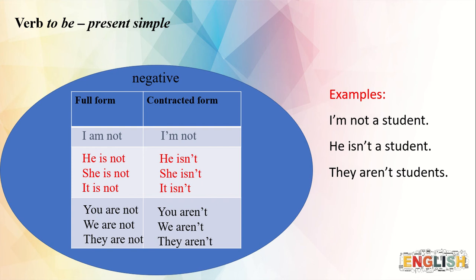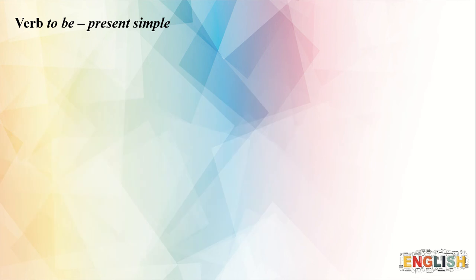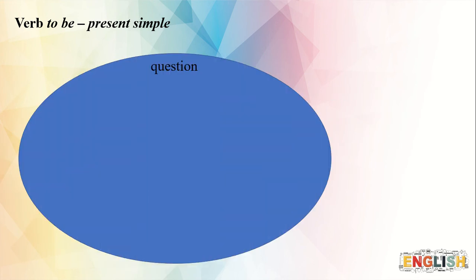Finally, the questions. The word order of the question is a little different. Am I? Is he? Is she? Is it? Are you? Are we? And are they?